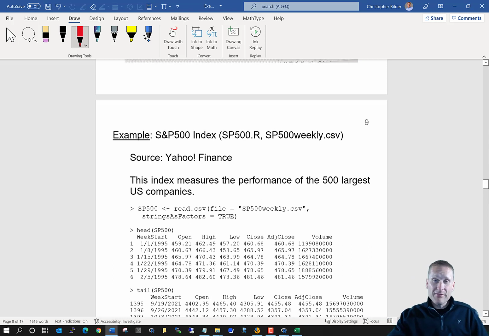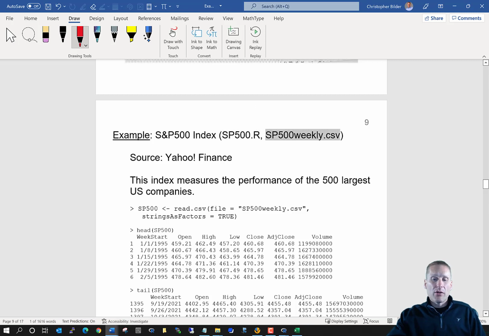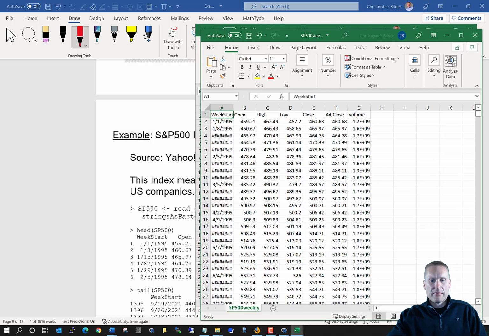Excuse me, I should back up here. So here's my corresponding program that I'm going to use. My data was downloaded from the Yahoo Finance website and I put it into a comma delimited file. I don't have the data set open, so let me go ahead and open it. There we go.